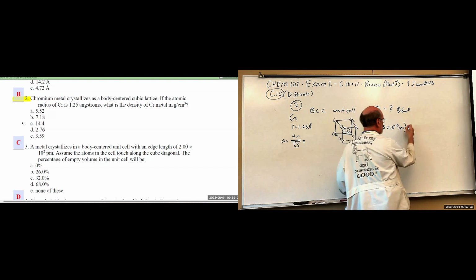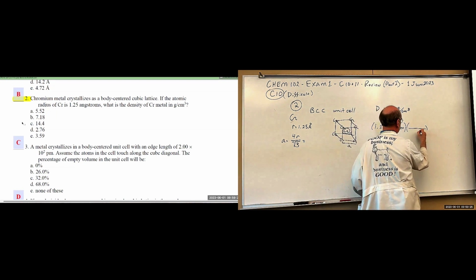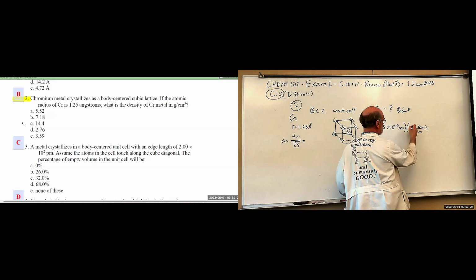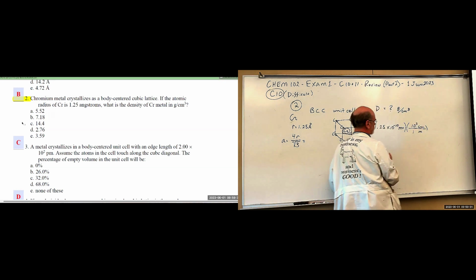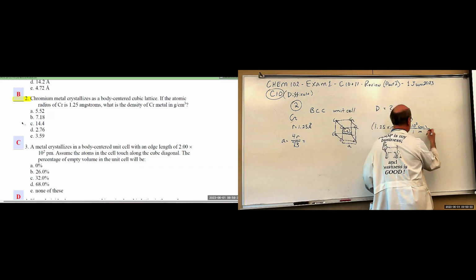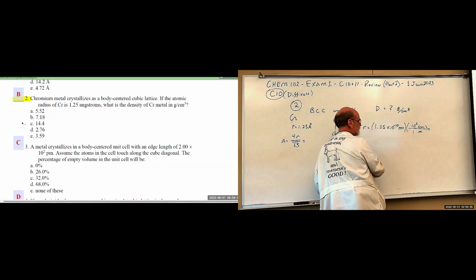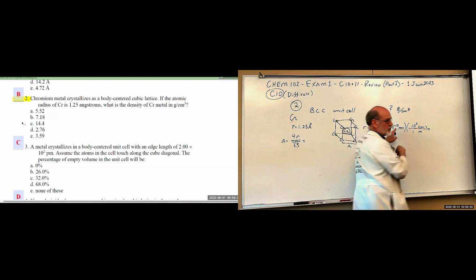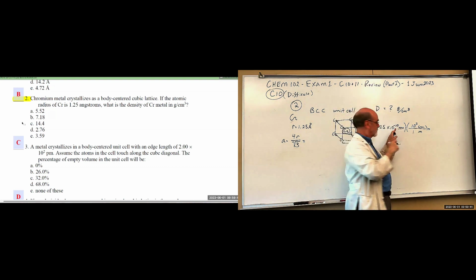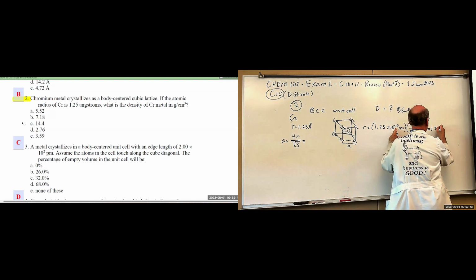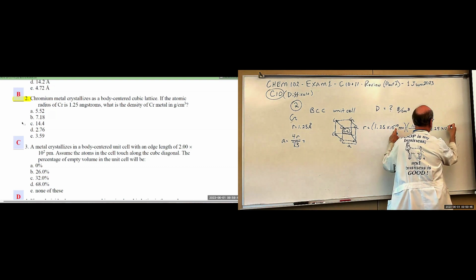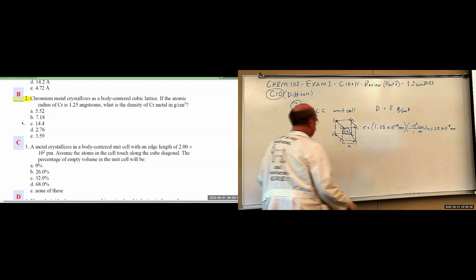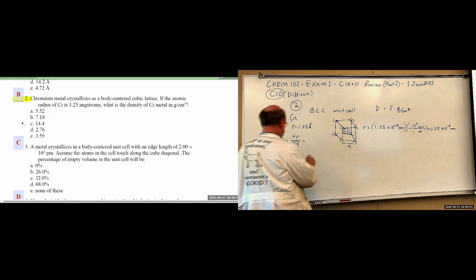Now we can convert it to centimeters. 1 meter equals 100 centimeters, right? So R then in centimeters is minus 10 and 2 is minus 8. 1.25 times 10 to the minus 8 centimeters. That's R.